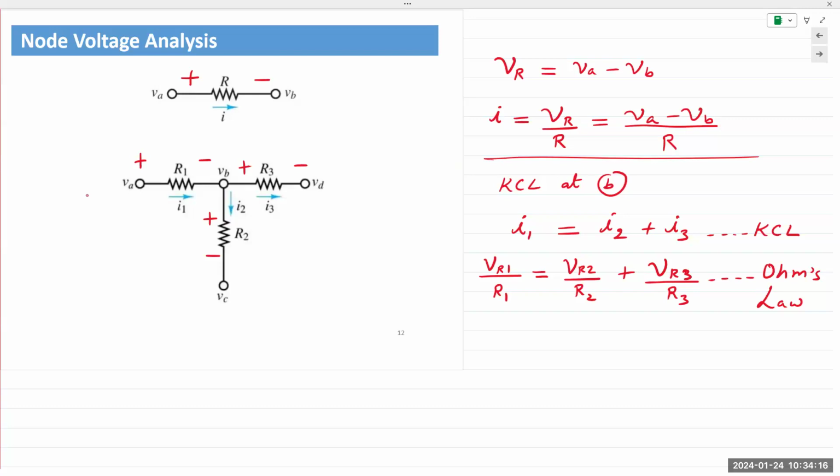So VR1 in this case is going to be VA minus VB. And VR2 would be VB minus VC. And VR3 would be VB minus VD, divided by R3.